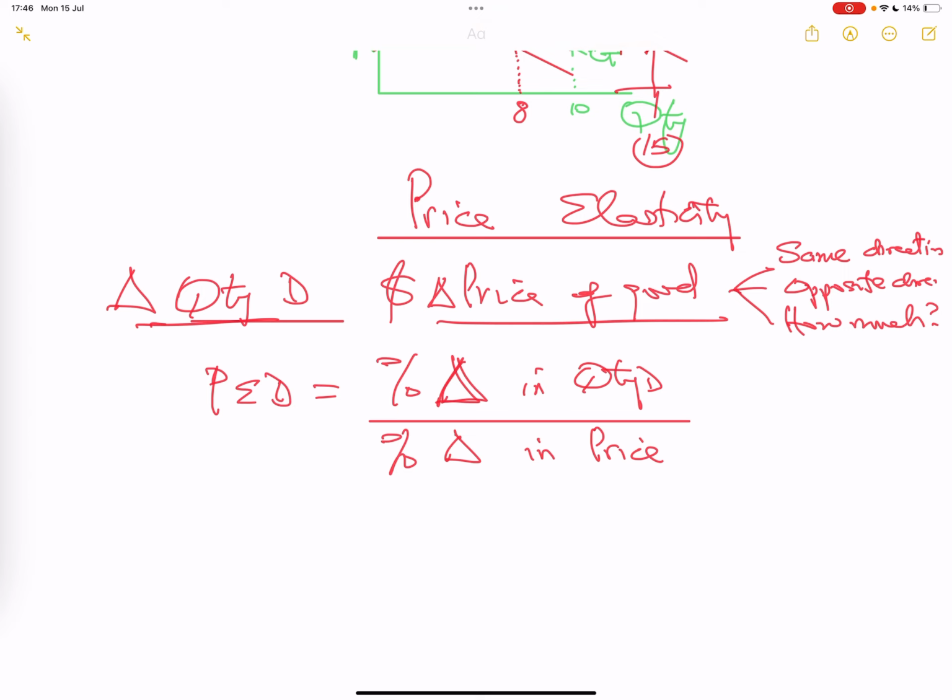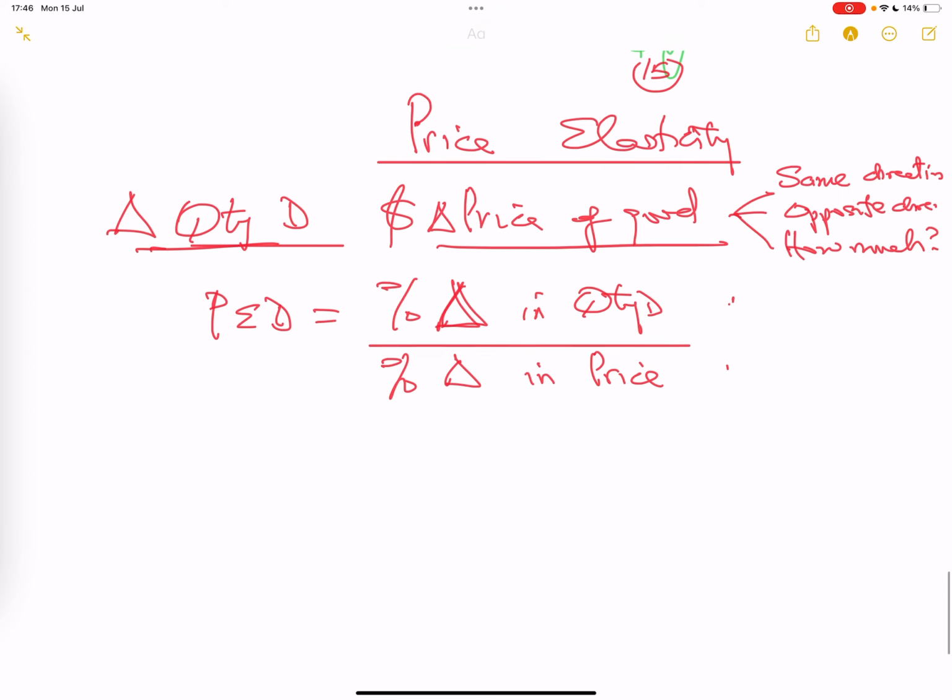But in terms of direction, you already know that if the price goes up, you expect the quantity demand to come down, because when the price is expensive, less people will be able to afford it. But how do you calculate each of these? You need to know how to calculate it.